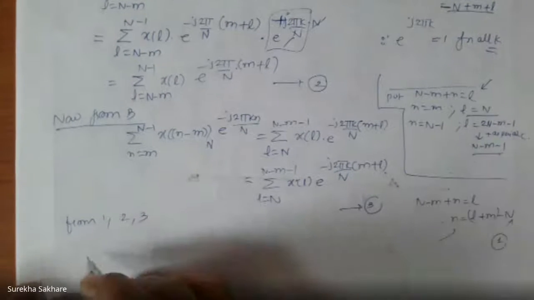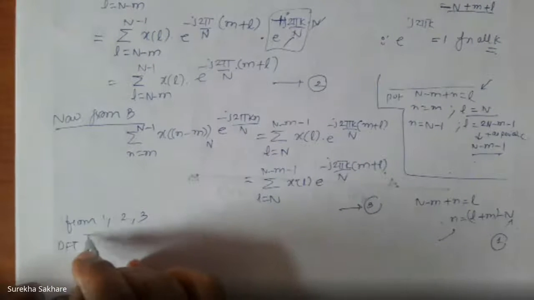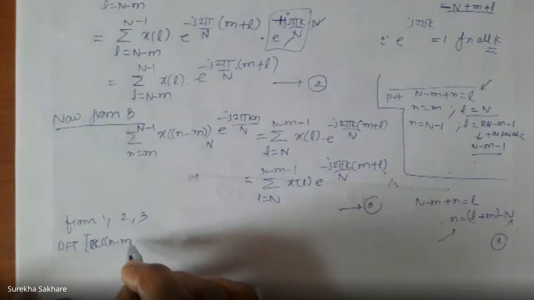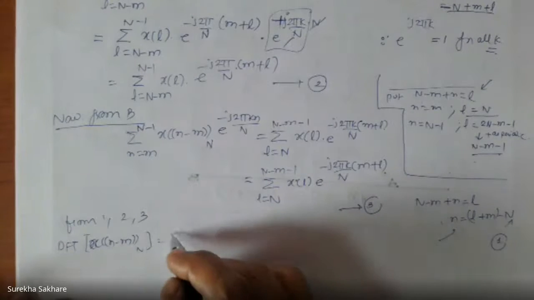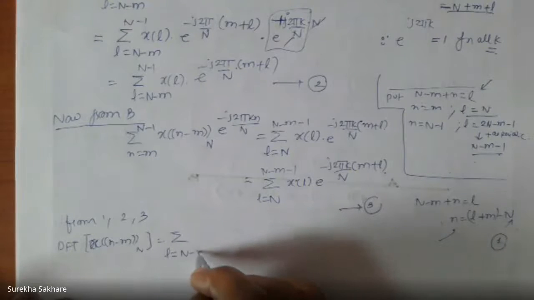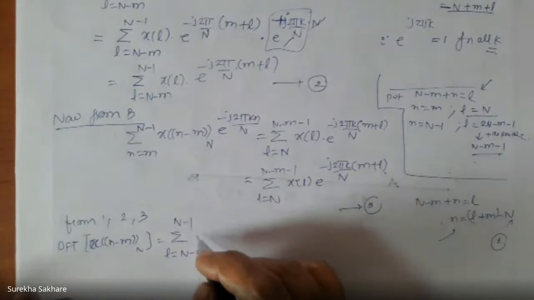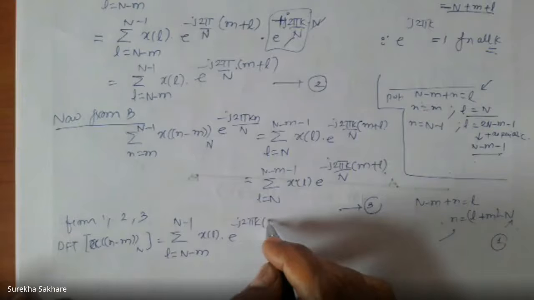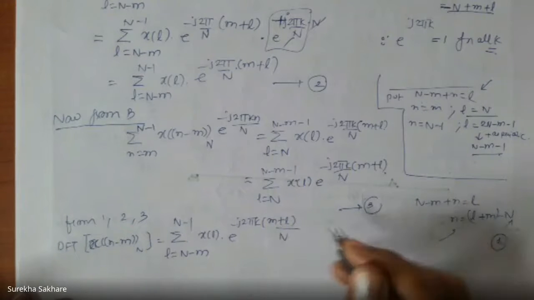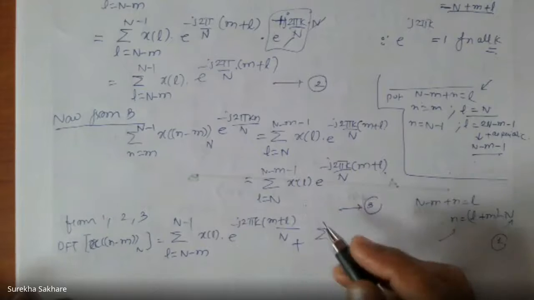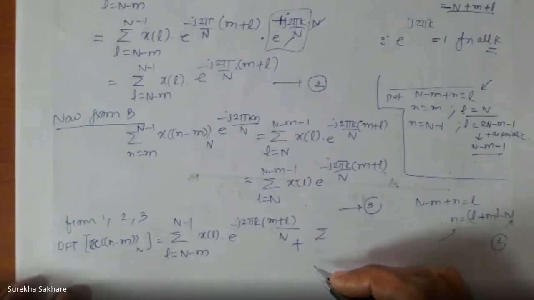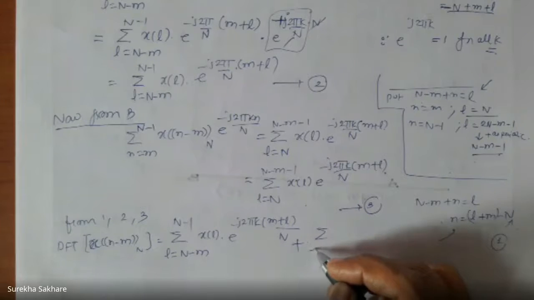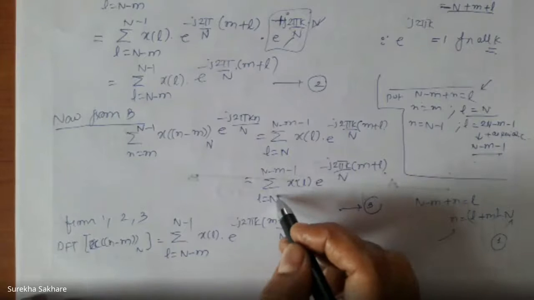From 1, 2 and 3, the DFT of the circular shift is equal to the summation. The first part was N minus m to N minus 1 of x of L e raised to minus j 2 pi k (m plus L) upon N, plus this term with L equal to 0 to N minus m minus 1. Here one N has been removed, is it not?